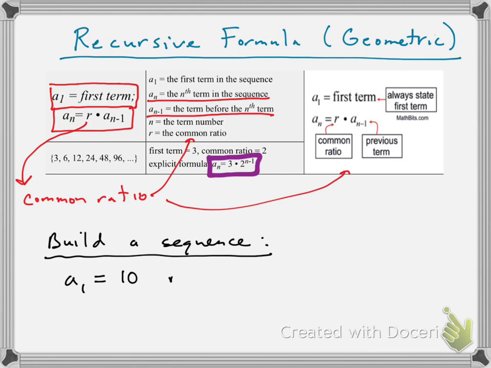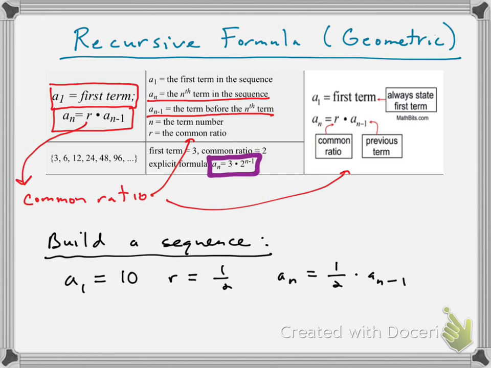And then I could say that my ratio is 1/2. Yes, my ratio doesn't have to be a whole number. It can be a fraction. It could be a decimal. It could be the number pi if I want my ratio to be pi. And so then my formula is that a_n is going to be 1/2 times a_(n-1).